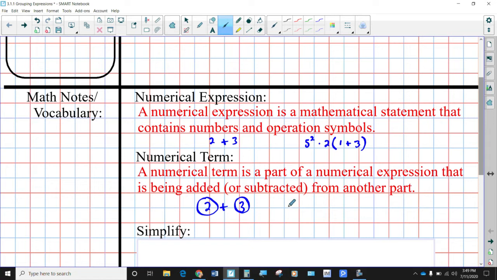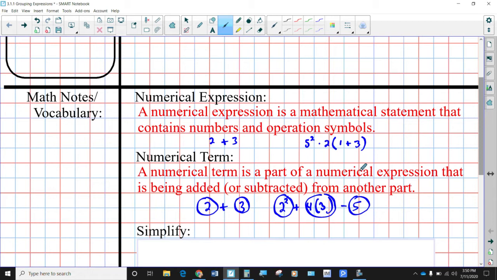If I take 2 squared plus 4 times 3 minus 5, then I'm looking for my plus signs and my minus signs that are not surrounded by parentheses like this guy right there. So here's an example of a term, and here's an example of a term.